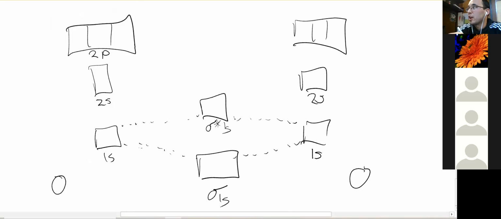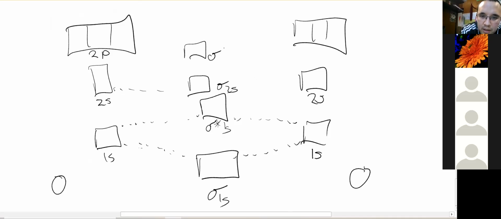The anti-bonding is a higher energy. When our 2s mix, we can mix those together. In this case, for our oxygen, we have to do our 2s first. So we're going to have a sigma 2s and the anti-bonding sigma 2s.